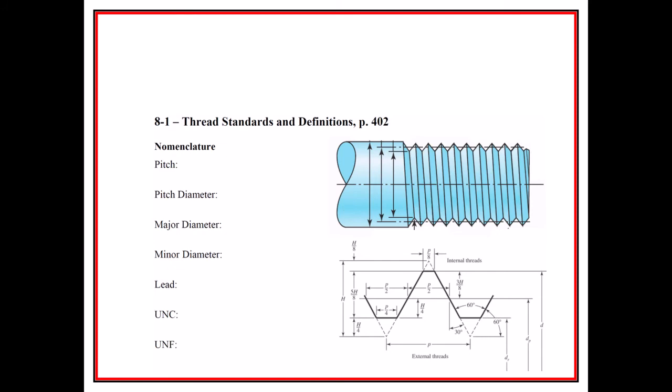All right, so some of the nomenclature that we deal with: pitch, which we often will call just P. It's not the same thing as with gears, although it has the same underlying ideas. The pitch is really the distance between adjacent threads.